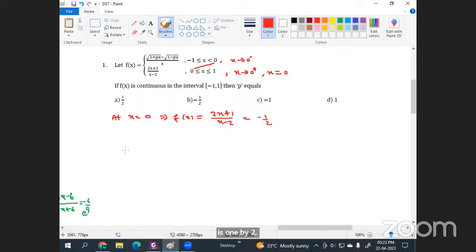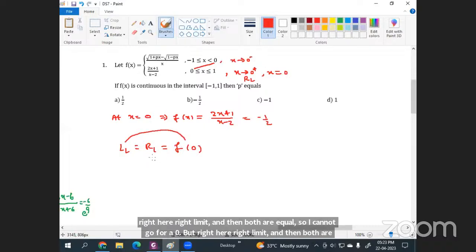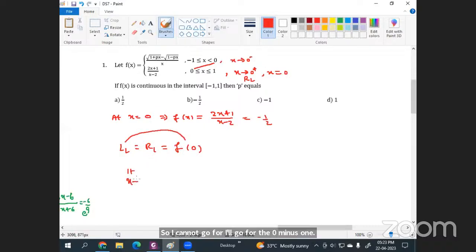So the p value: limit x tends to 0 minus, the left hand limit, I will take. Left hand limit equal to right hand limit equal to f of 0. Here the right limit and f of 0 are both equal, so I'll go for the 0 minus side. I'll equate these two: limit x tends to 0 minus of root of 1 plus px minus root of 1 minus px by x equal to minus 1 by 2.